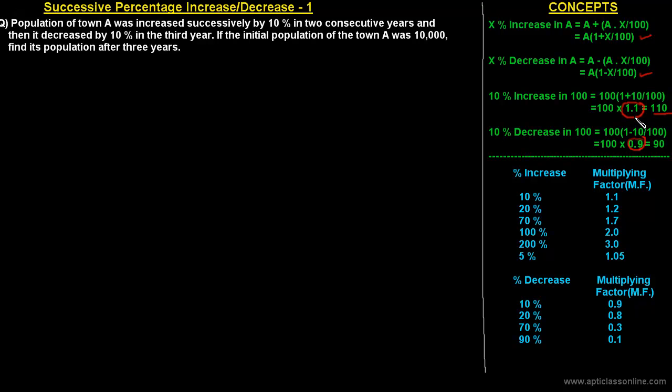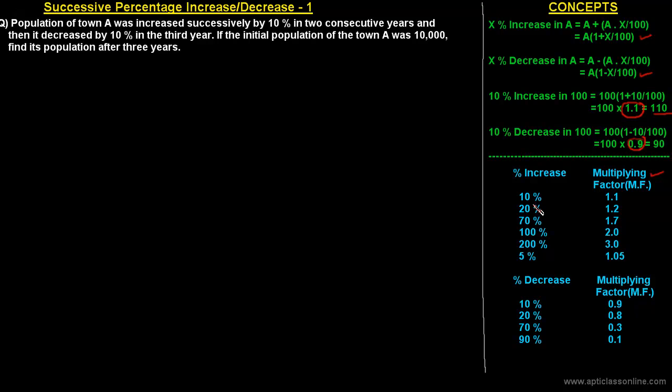What we learn from these two examples is that if we know a suitable multiplying factor, then just by multiplying the initial value with this multiplying factor, we can get the final value.